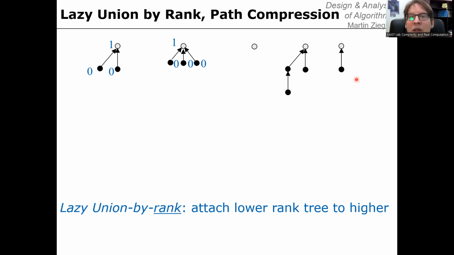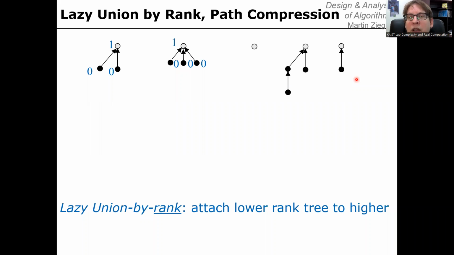So now we attach the tree with smaller depth to the larger tree, not the tree with fewer nodes to the tree with more nodes, but the tree with smaller depth. One way of motivating this heuristic is that if we attach the tree with smaller depth to the tree with larger depth, then the depth of the larger tree will be unaffected, because remember the depth of a tree is the depth of the maximum node.